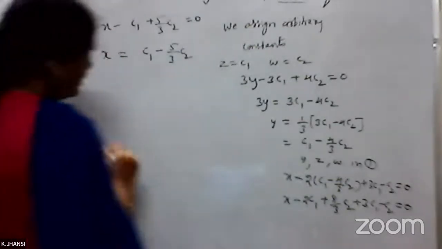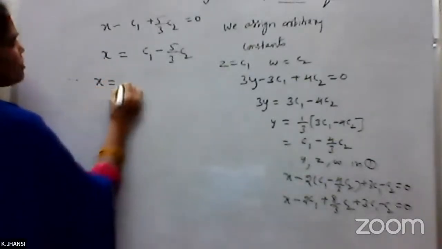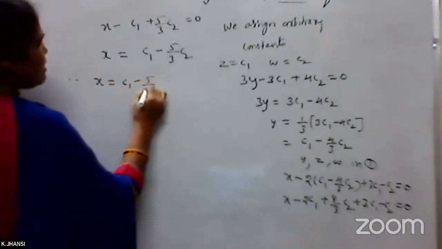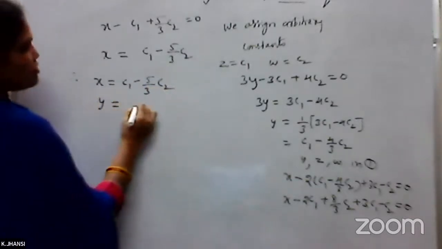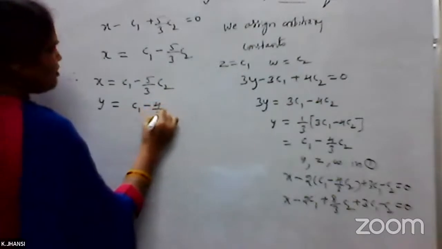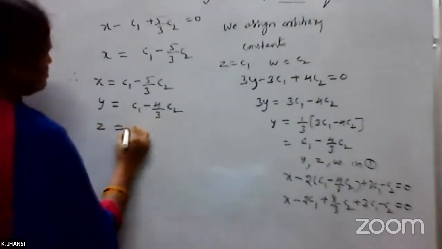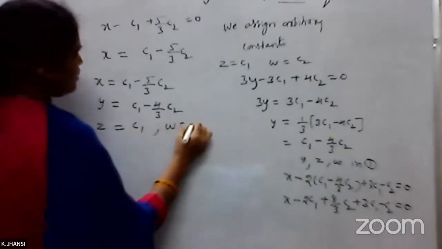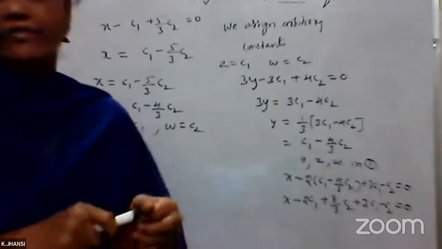So it will take a lengthy process. Therefore you keep x equals c1 minus 5 by 3 c2, y equals c1 minus 4 by 3 c2, z equals c1 and w equals c2. These are the solutions of the given problem.